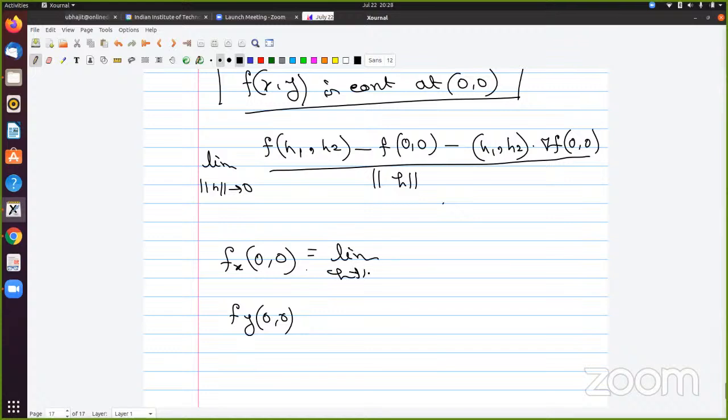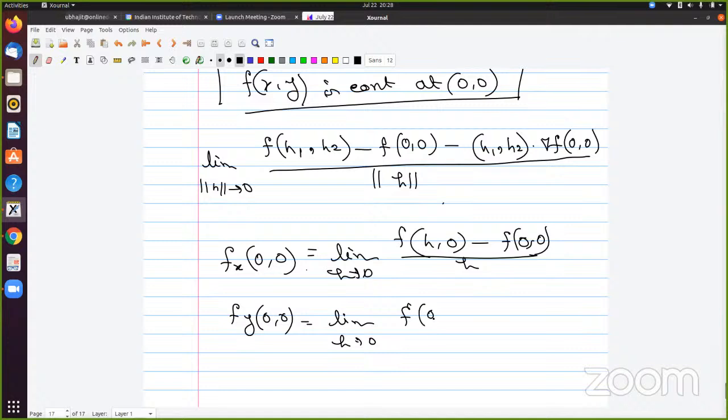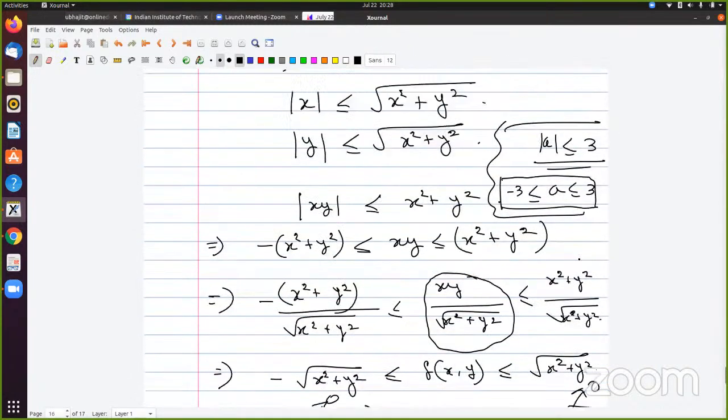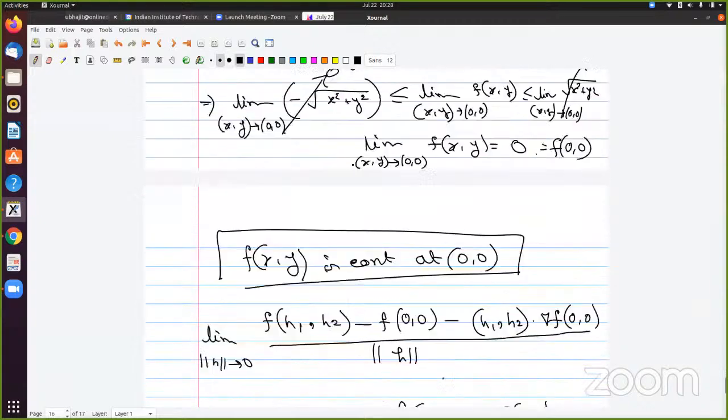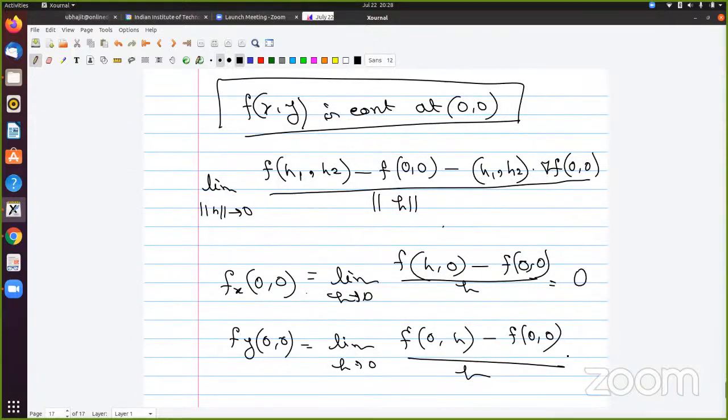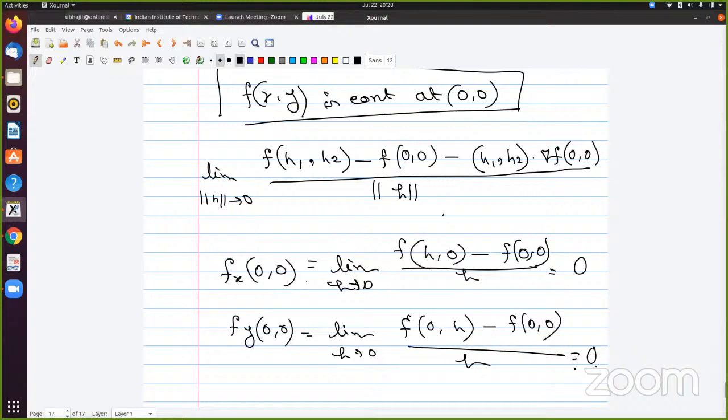We have to use the definition because at 0 it is a piecewise defined function. First one, f(h,0). So h,0 means this is 0, and the denominator is 0. So all these are 0, basically. These two we know are 0.